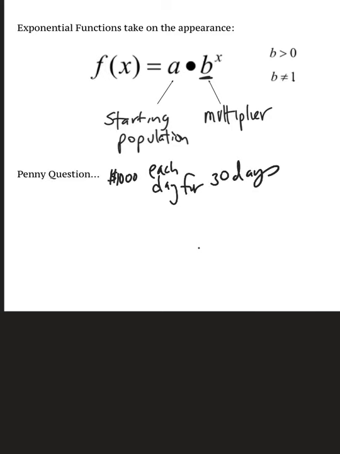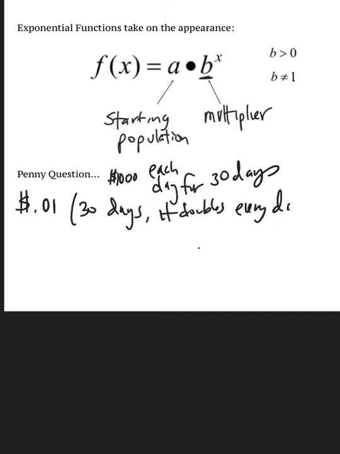And then the other choice is that on the first day, you get a cent, 1 penny, but then for 30 days, you get double what you got the day before. Which one would you pick?